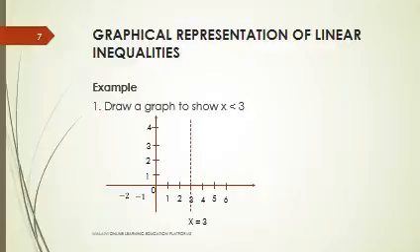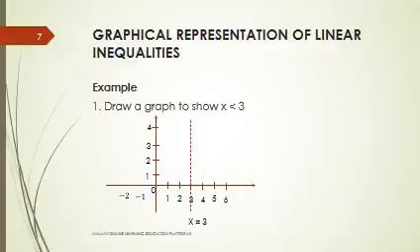We are standing on 3. The values of x less than 3 are found on the left. So we don't need to shade on the left, because on the left is the wanted region. We need to shade on the right, because on the right is the unwanted region.